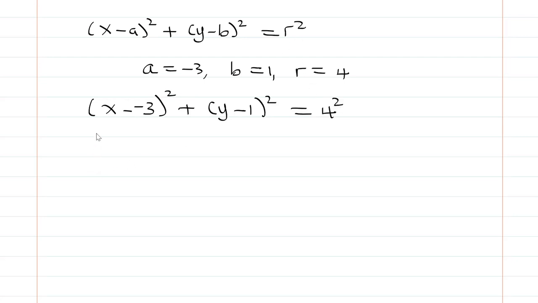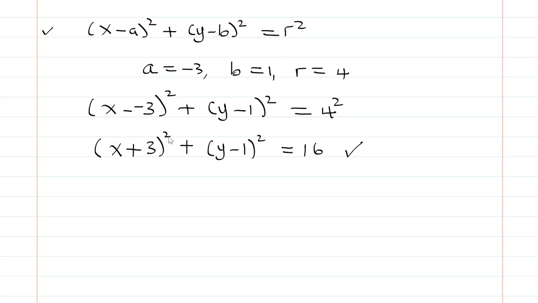Therefore, we shall have x plus 3, the two signs will change to positive, squared plus y minus 1 squared equals to, what is r squared? That is 4 squared. That gives us 16. So we have expressed it in the stated form, that is in the factorized form. So this is the solution.